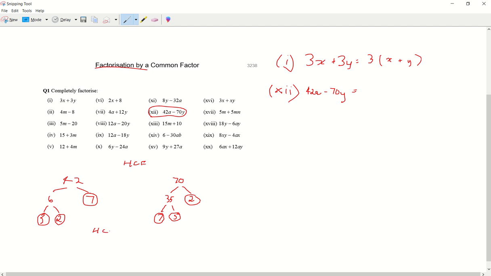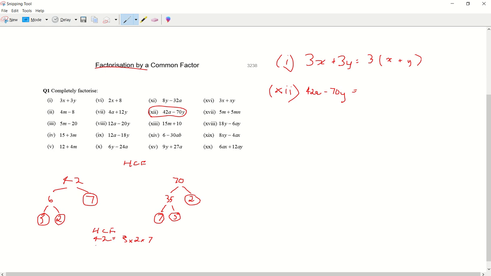So now we're going to list them. 42 was 3, 2, and 7. If you times those together, 3 times 2 is 6. 6 times 7 is 42.